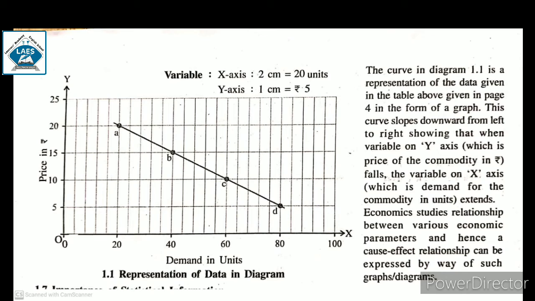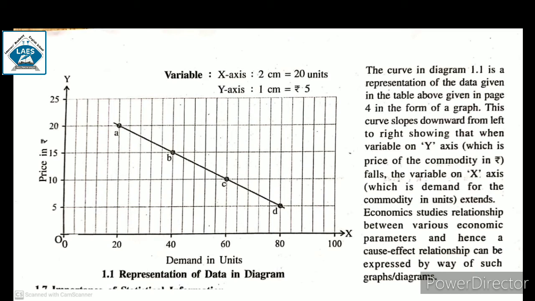The curve is sloping down from left to right as I told you, showing that as the variable on the y-axis, which is price of the commodity in rupees, falls, the variable on the x-axis, which is demand for the commodity in units, extends, it increases. So from this diagram it is clear that when the price is decreasing, the demand for a particular thing is increasing.